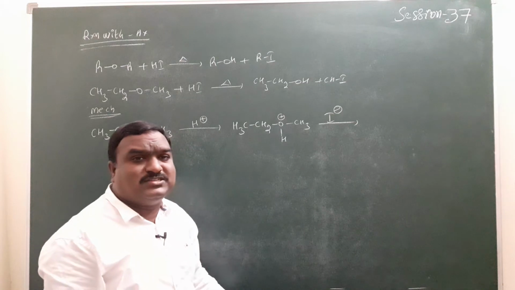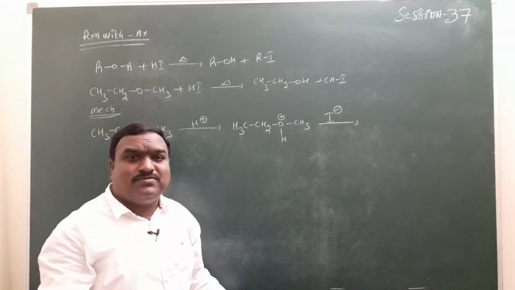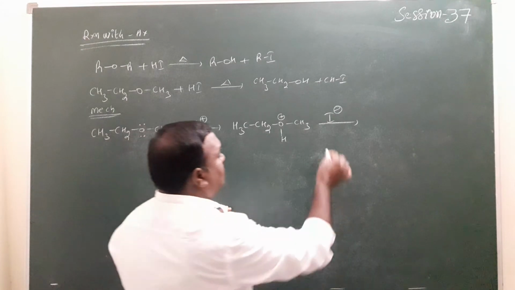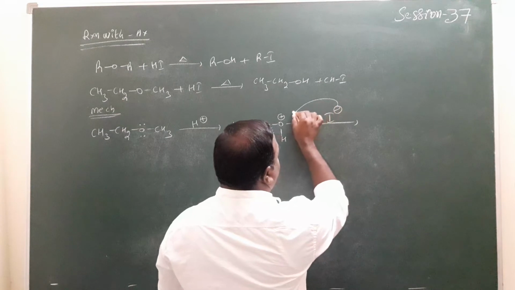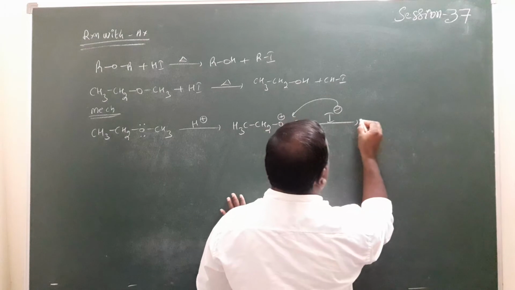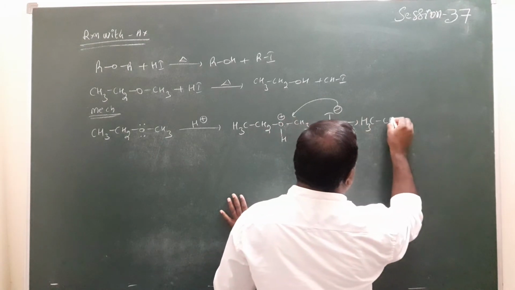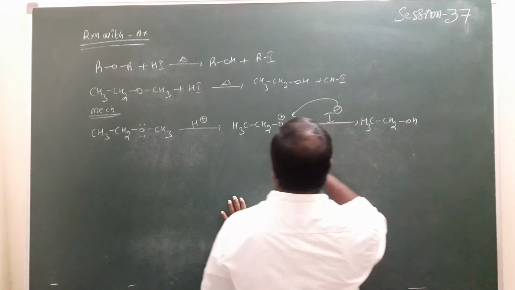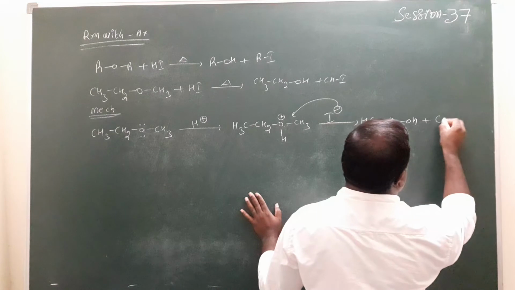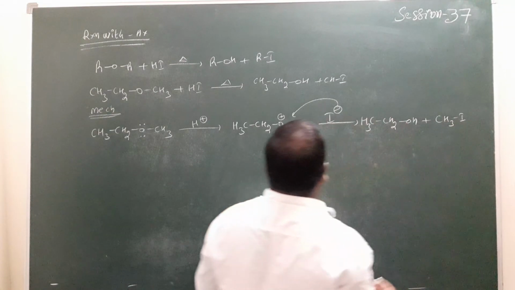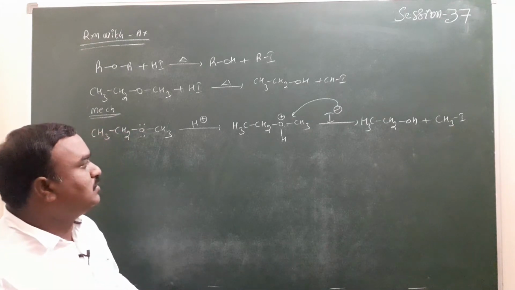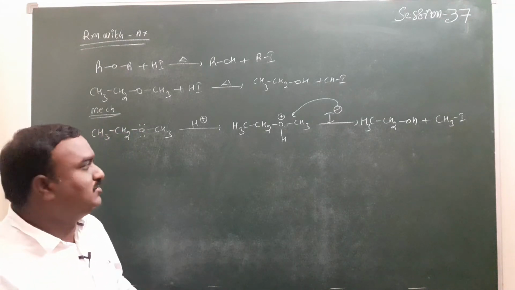If bulky nature is more, steric effect is more, so the incoming nucleophile always chooses the side with less steric effect. So the nucleophile attacks that carbon, then forms CH3CH2OH plus methyl iodide. The bonded electrons migrate towards oxygen, then form the neutral molecule. Due to the presence of positive charge, it accepts that bond pair.